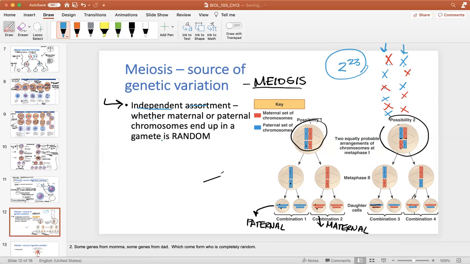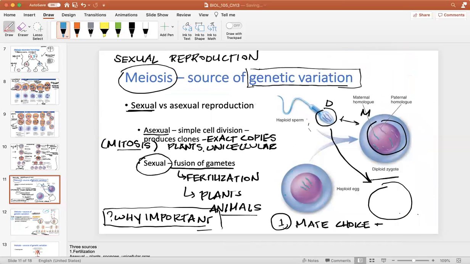There's no process that determines which side the red's gonna be on or which side the blue's gonna be on. So this is the number 2 way we get genetic variation out of meiosis. Number 1 way was mate choice, just different mates mating with each other, or different sperm from different individuals fertilizing different eggs from different individuals.